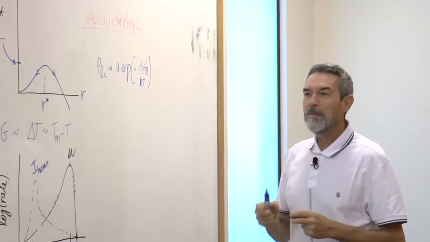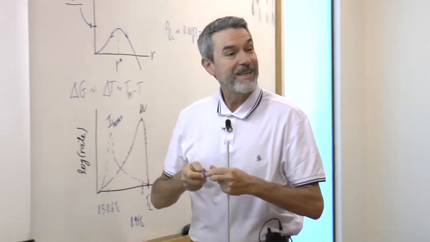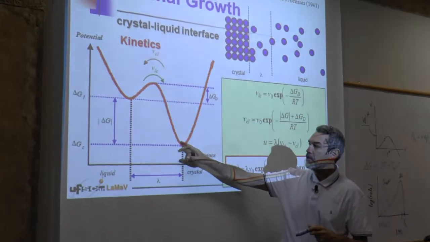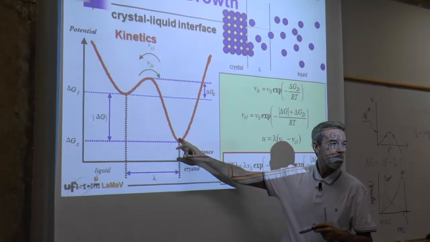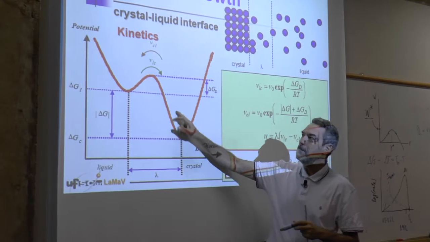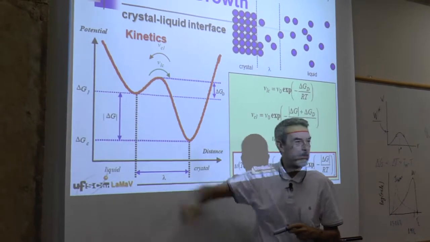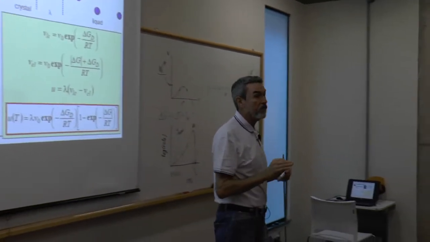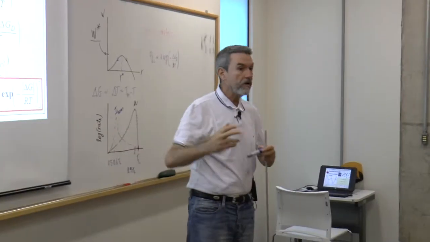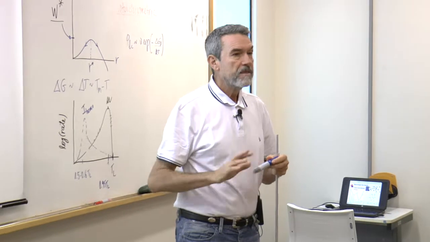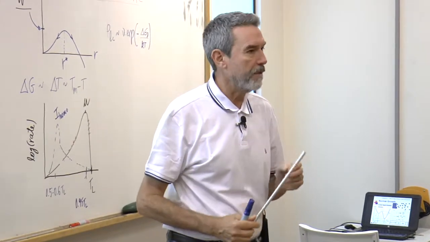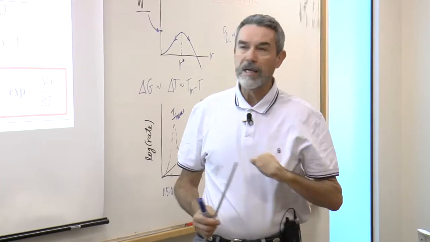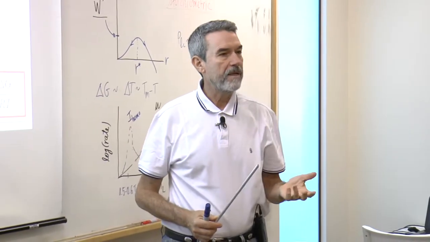However, not many people realize that there is also a probability of certain molecules here coming back to that position. It's a smaller probability, but it's non-zero. They are fluctuating and somebody's not so happy, and they go back to the liquid state.